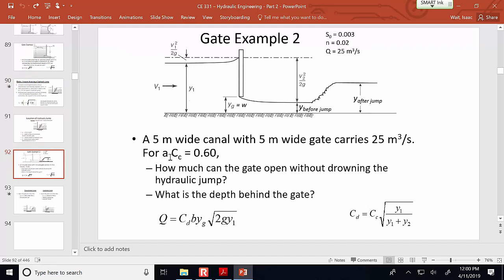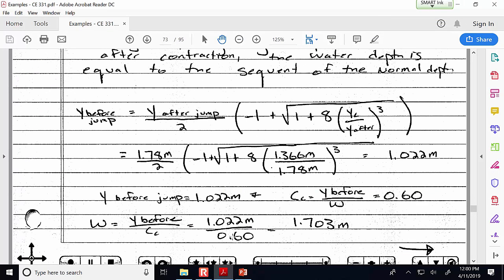So if we know the y before, that is going to be 60% of the gate opening height. So if the y after the contraction is the same as the depth before the jump, 1.022, then that means that the gate must be open 1.703 meters.